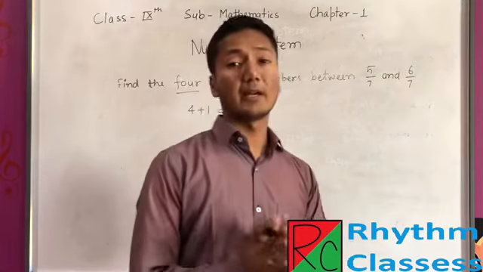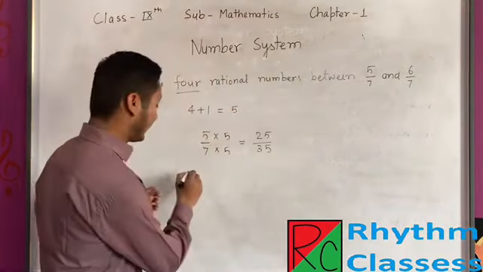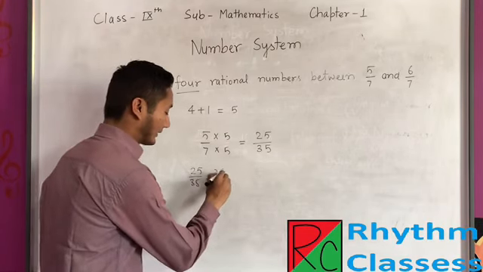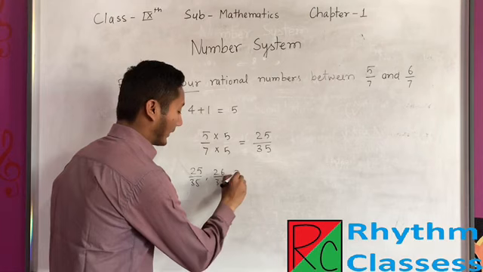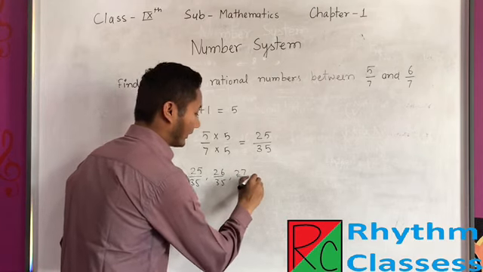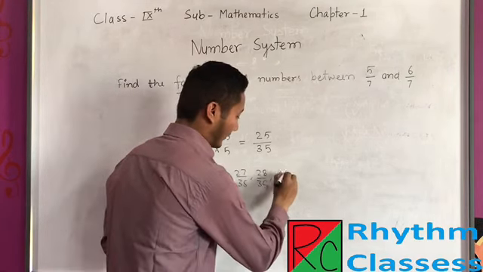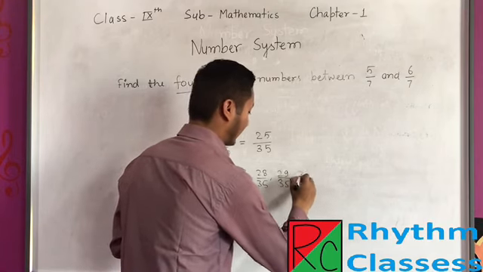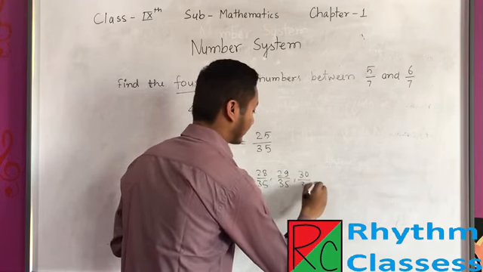Once we get 25 by 35, we write 25 by 35, 26 by 35, 27 by 35, 28 by 35, 29 by 35, 30 by 35.